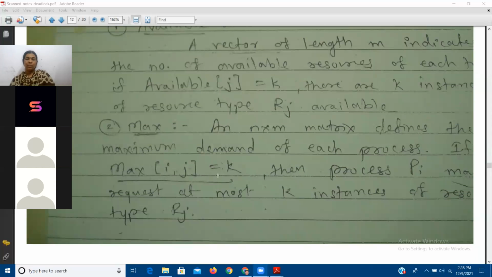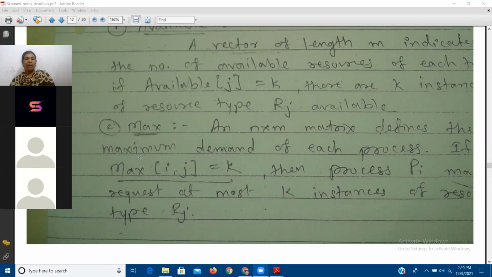Next, max. It is the maximum requirement of the process, and it is represented by max of Ij is equal to K. So K instances of resource type J are required maximally by process Pi, or process Pi requires a maximum of K instances of resource type J. I represents process, J represents resource type, and K represents number of instances.